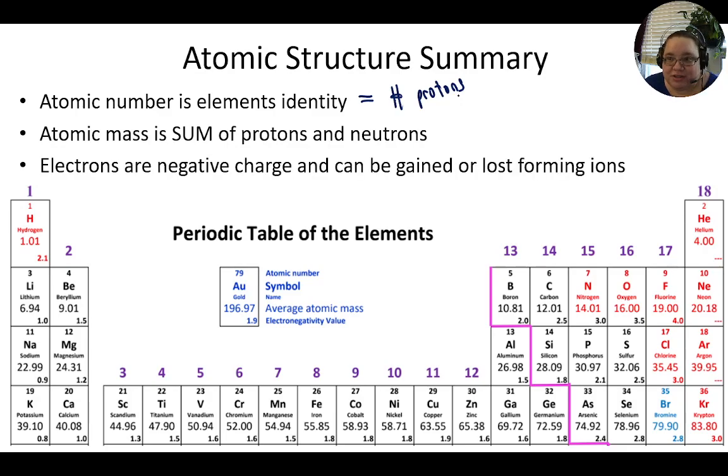And electrons are a negative charge, and they can be gained or lost to form your ions. So that negative ion means we have gained, so we have to add the number. A positive ion means you have lost, so you have to subtract. I'm going to actually write the word add.